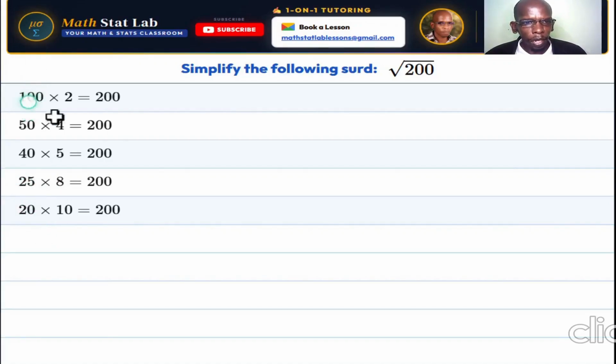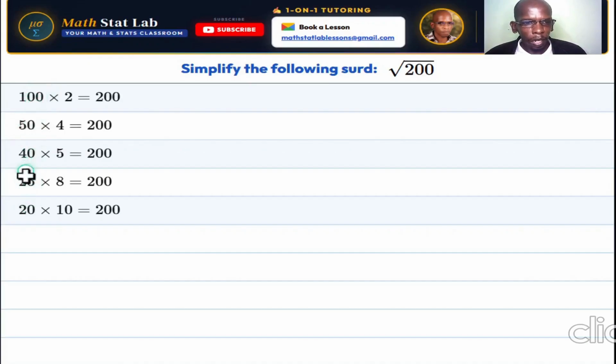But also, 100 has an exact square root because the square root of 100 is 10. So between 25 and 100, because they are the ones here which have an exact square root, all the others don't have, except this 4, but 4 is too small, we can just ignore it. We need the biggest ones.